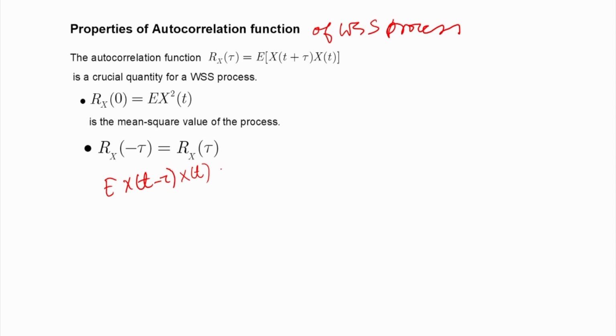So, therefore, we can write that as E of x(t) into x(t minus tau), and that is equal to Rx(tau). So, Rx(minus tau) is the same as Rx(tau). Therefore, this autocorrelation function is an even function of the lag parameter tau.